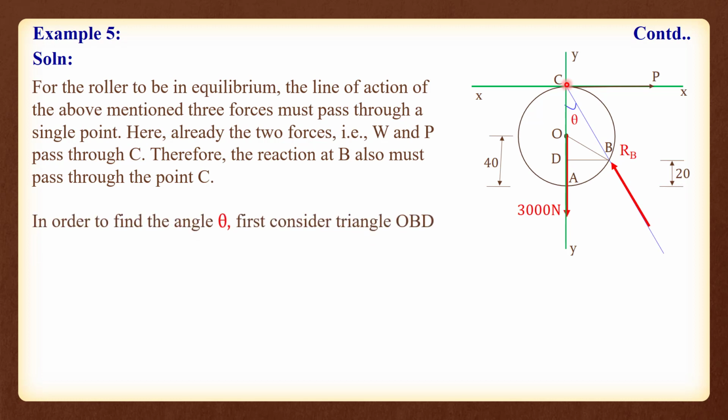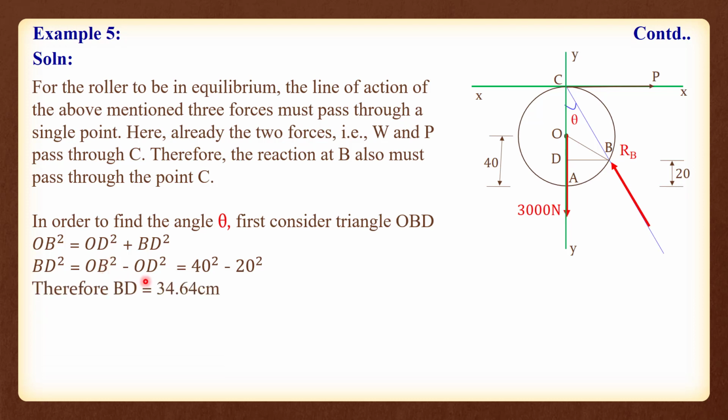Now, in order to find the angle theta, let us first consider triangle OBD, right? So, from OBD, we can find out BD square. OB square is equal to OD square plus BD square, or BD square is equal to OB square minus OD square, which is equal to 40 square minus 20 square. Therefore, BD will be obtained as 34.64 centimeter.